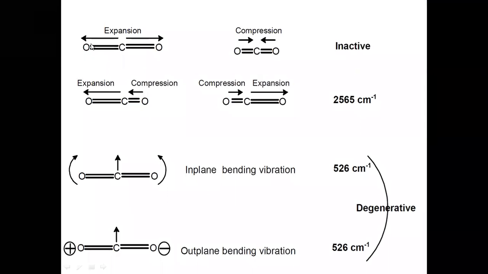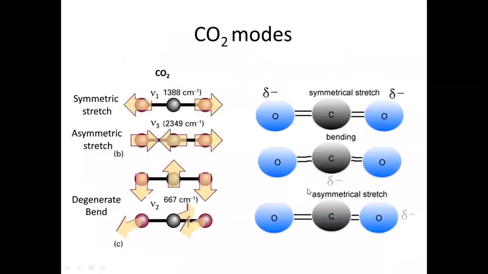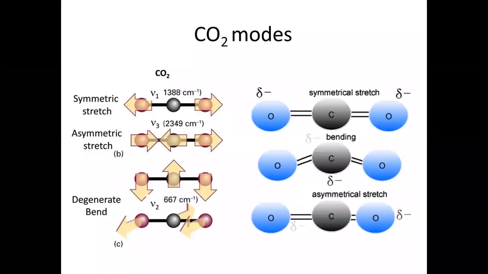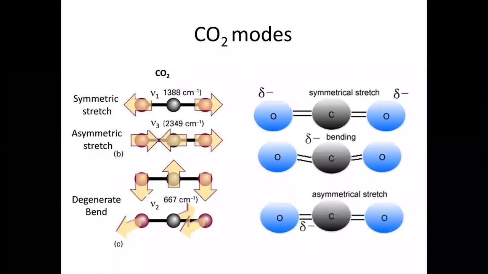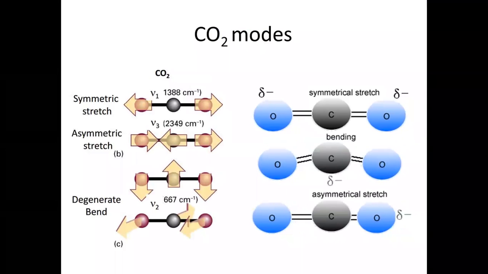One is symmetric, asymmetric stretching, in-plane bending vibration, and out-of-plane bending vibration. Totally 4, but 3 were identified: symmetrical, asymmetrical, and bending vibration. Bending vibration is 667.